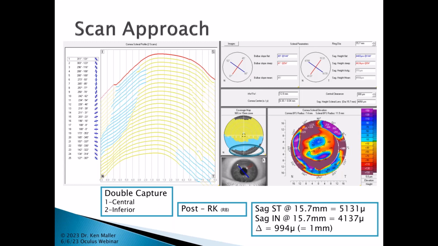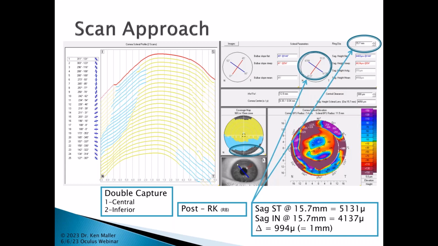If we take a look up over here at the 15.7 millimeter chord, which was what I was planning for this particular eye, in the superior temporal, the sag at 15.7 is 5,131 microns, yet the sag 180 degrees away at the inferior nasal at that same chord is 4,137, which is a difference of about a millimeter.